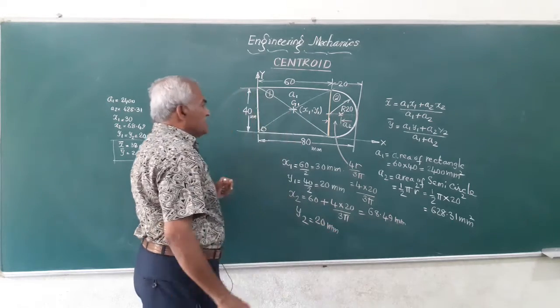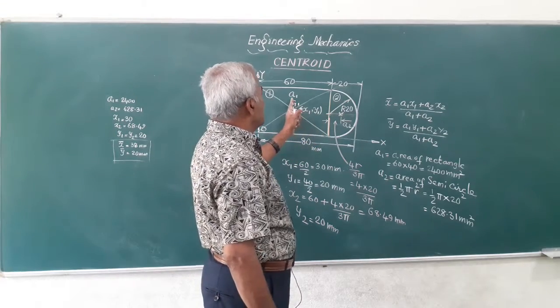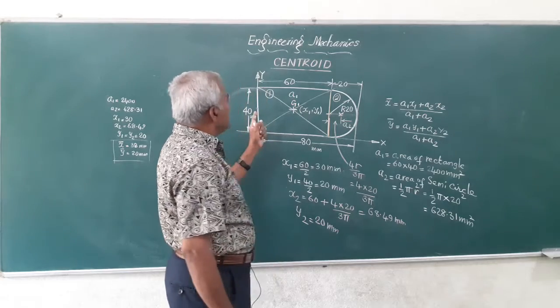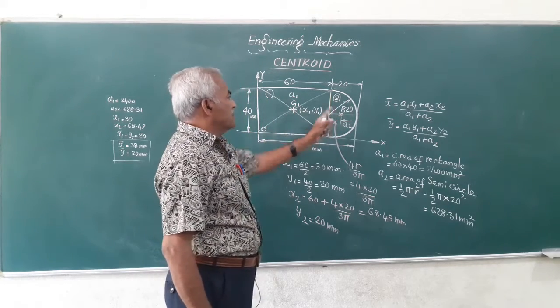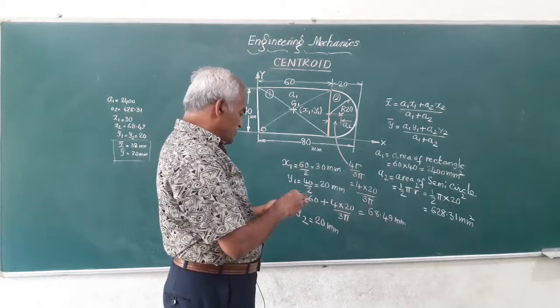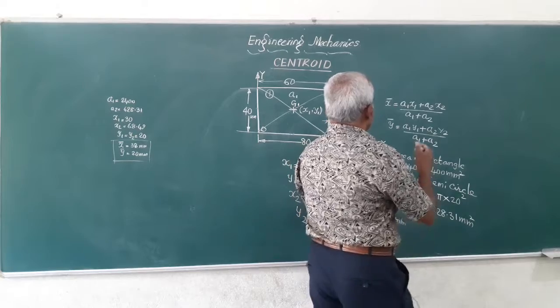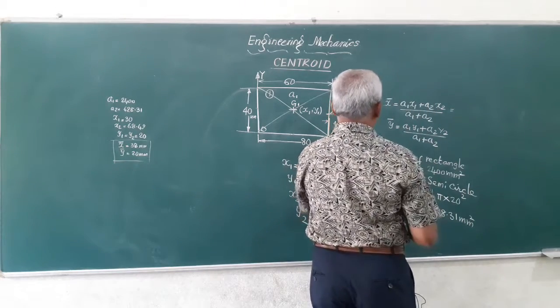Friends, we know all the values such as the area of figure 1 and area of figure 2, that is A1 and A2, and the coordinates of the centroid of figure number 1 and figure number 2. Let us substitute and see what answers we get. For calculating x bar, we have x bar is A1 x1 plus A2 x2 divided by A1 plus A2.